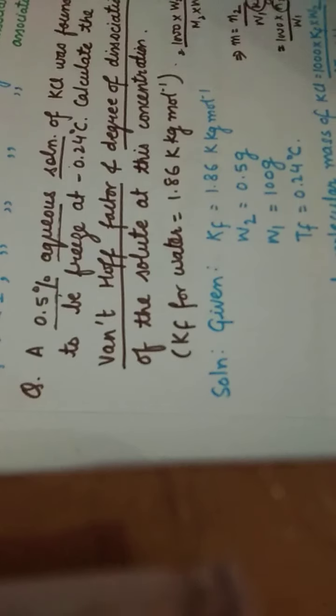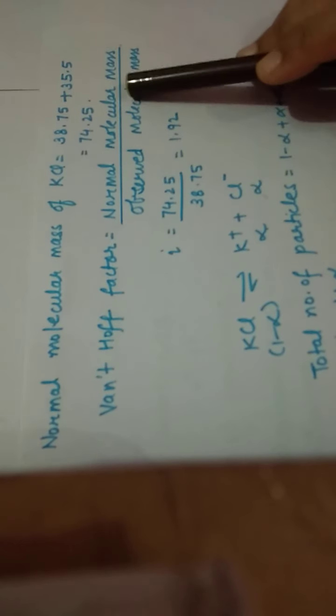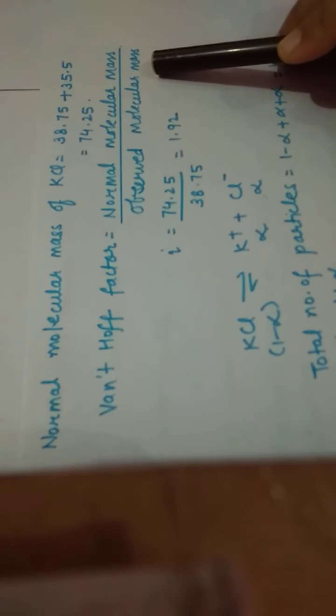Again, I am going to explain to you how I have solved this question. Children, first, to find out the value of Van't Hoff factor, the formula is normal molecular mass upon observed molecular mass. Now, normal molecular mass we can calculate for KCl by adding the molar mass of K positive and Cl negative. That we got to know.